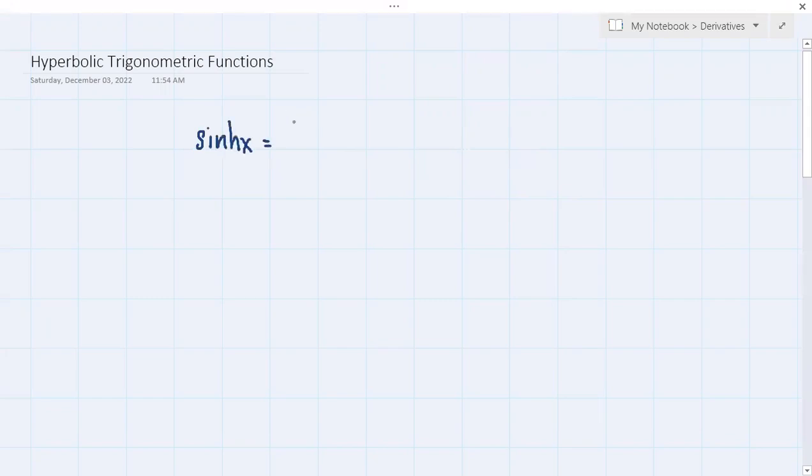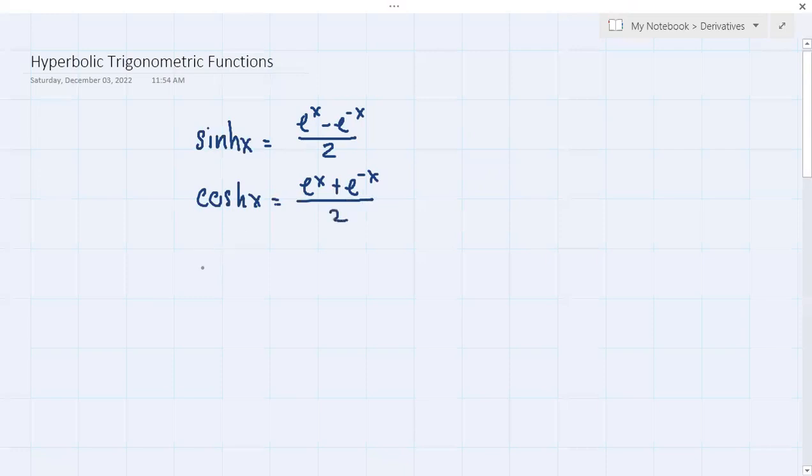This one actually is just the same as e raised to x minus e raised to negative x all over 2. Tapos si cosine hx is basically e raised to x plus e raised to negative x, all over 2. Alright?